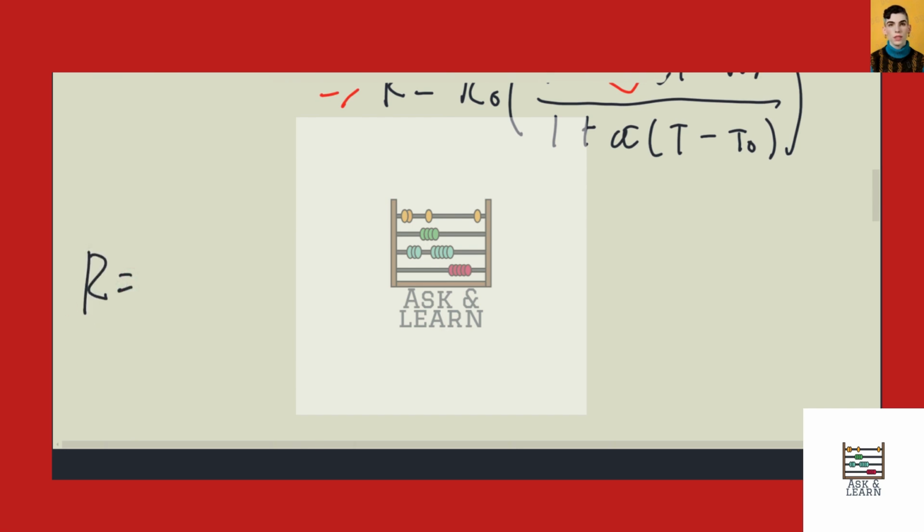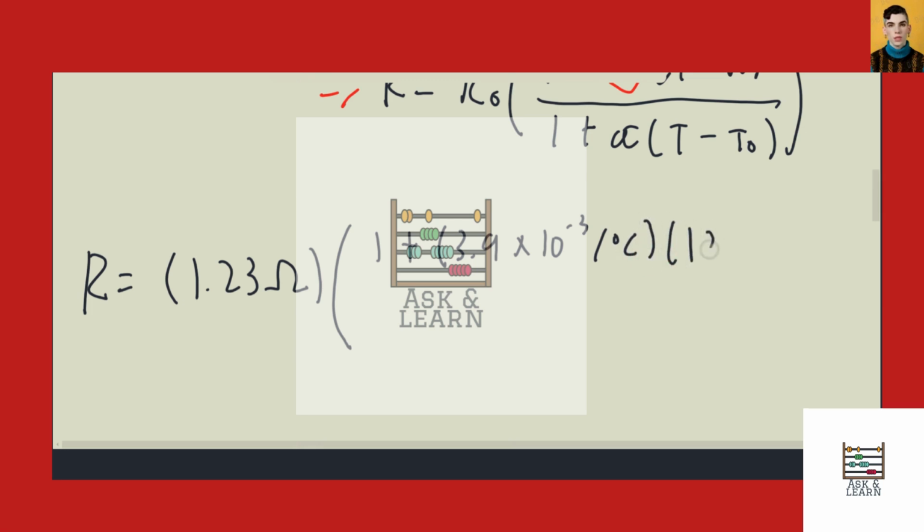So now we plug in R naught, and then we multiply it by 1 plus alpha prime times 120 degrees Celsius minus 20 degrees Celsius.